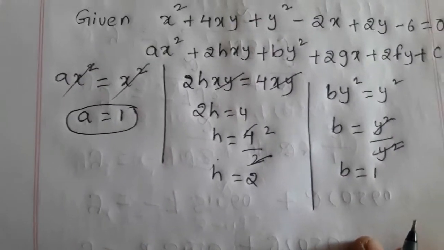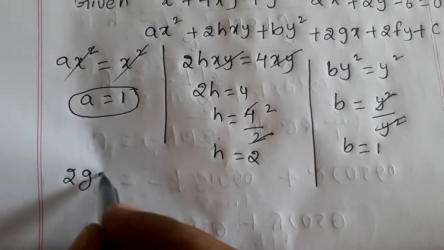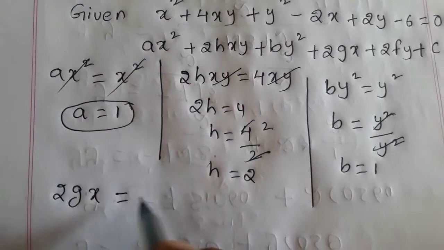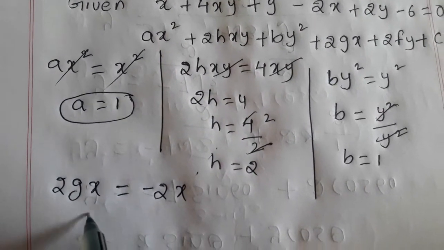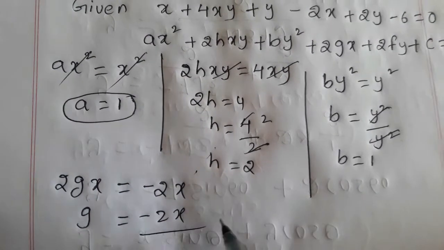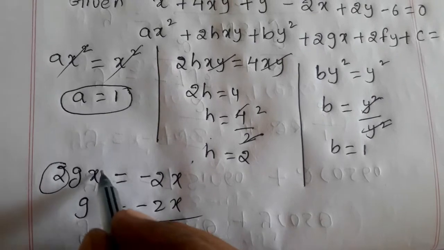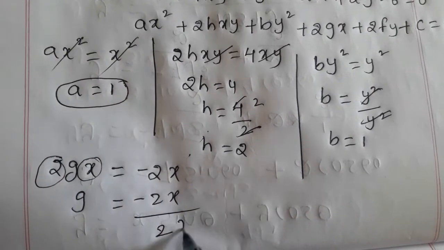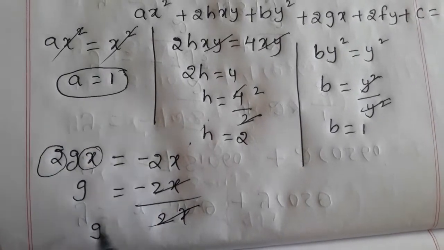Similarly you calculate the g value. 2gx is equal to minus 2x. So g is nothing but minus 2x by 2x, it is in multiplication, it goes to division. 2x cancel, I am getting g value minus 1.